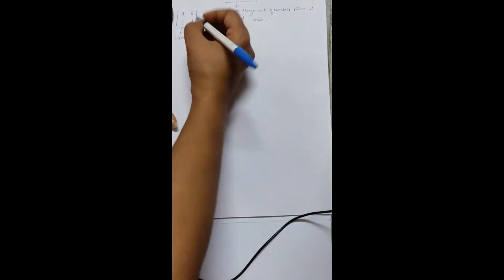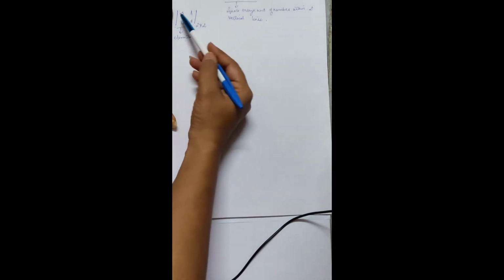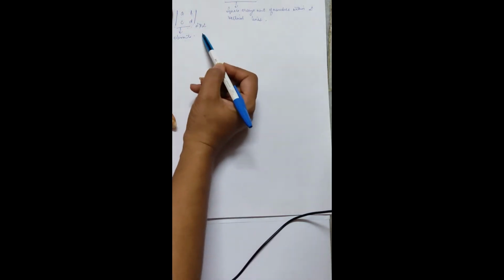We have already discussed that this is of order 2 by 2, because there are 2 rows and 2 columns. So the order is 2.